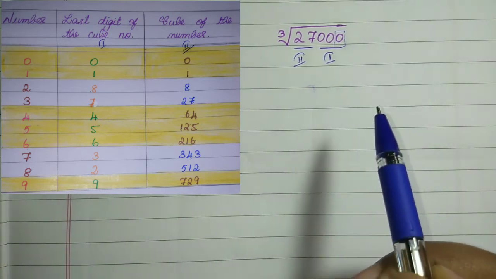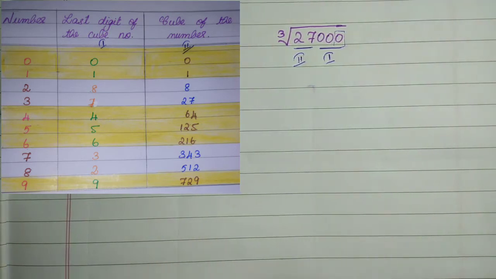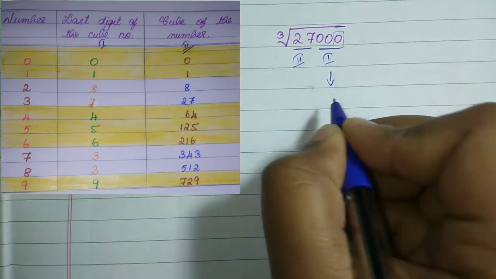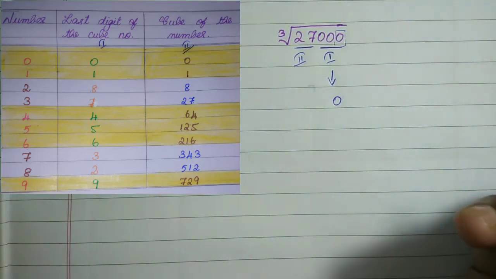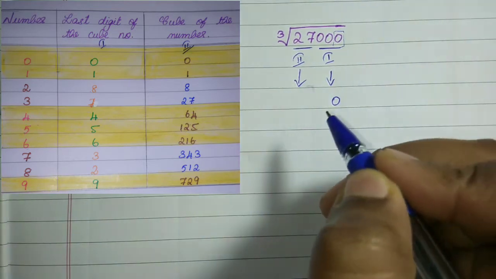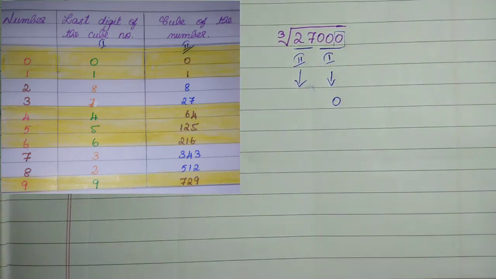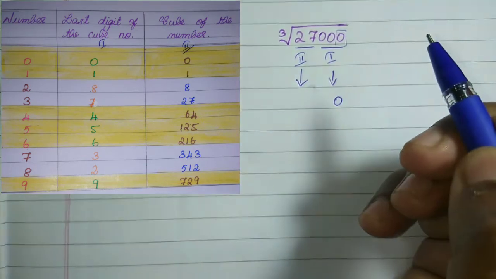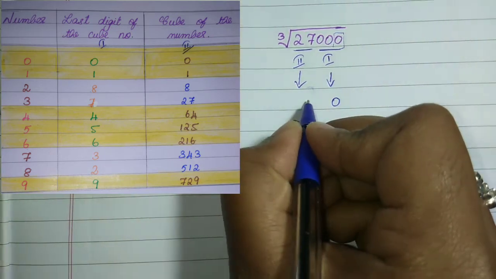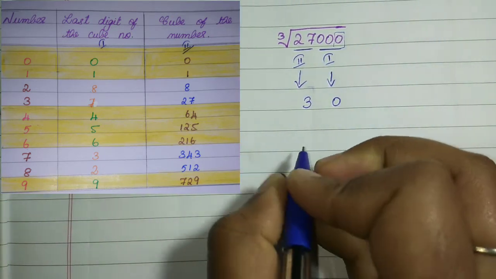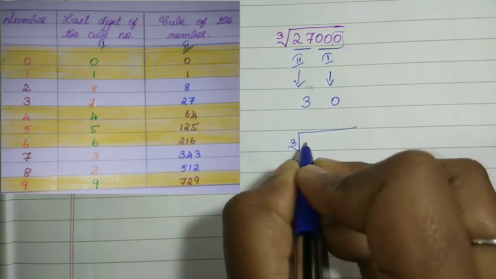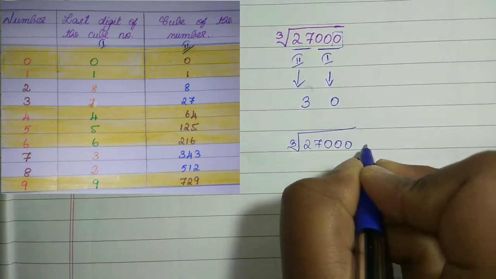When you check the table given on the side, if the last digit is 0, then the number is 0, so I can write it as it is. And here the second part is 27. You can look at the third column given here. Is 27 there? Yes, 27 is there in place of 3. So I can write 3. So what is the cube root of 27,000? It is 30. This way we will find the cube root of numbers.